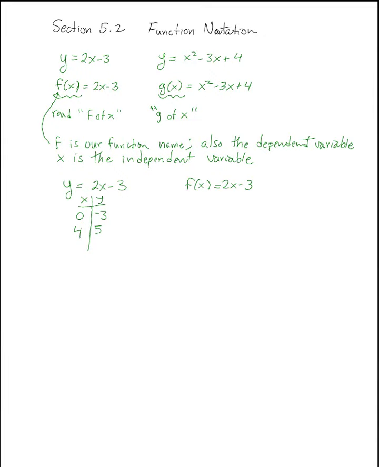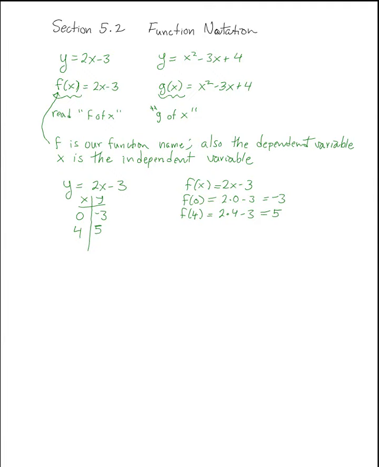If I ask you to find f of 0, I'm telling you, I don't want you to write the letter x anymore. I want you to write the number 0. So wherever I see an x, I plug in 0, and you get minus 3 again. F at 4 would be 2 times 4 minus 3. I don't write the letter x, I plug in the number 4.